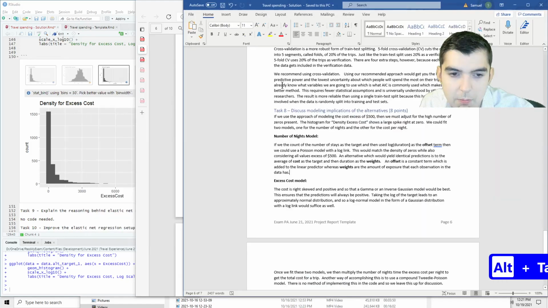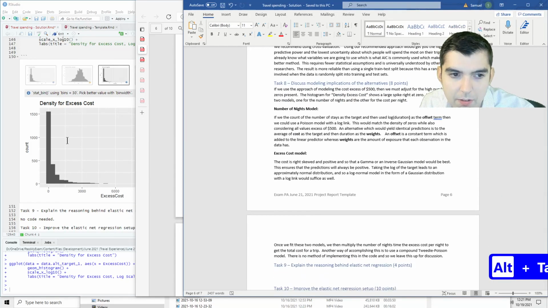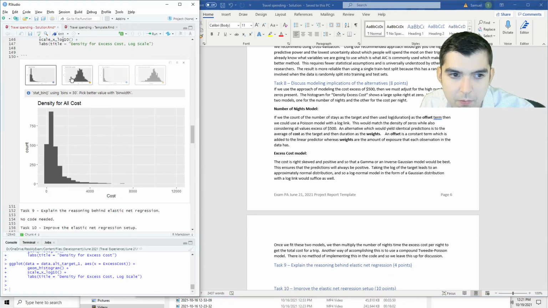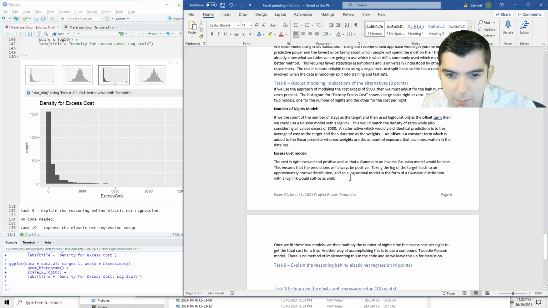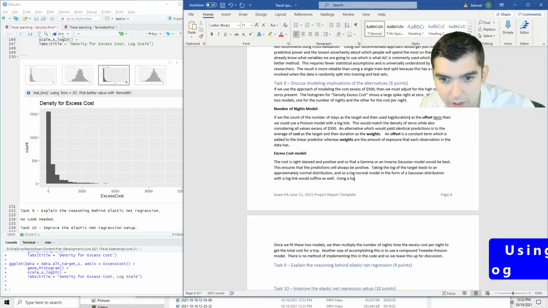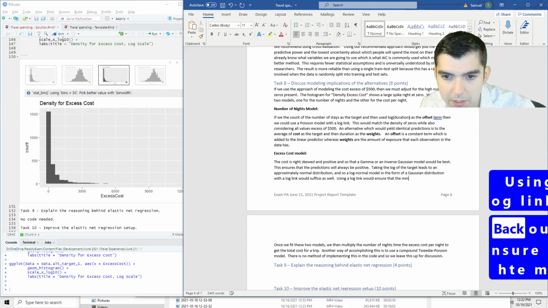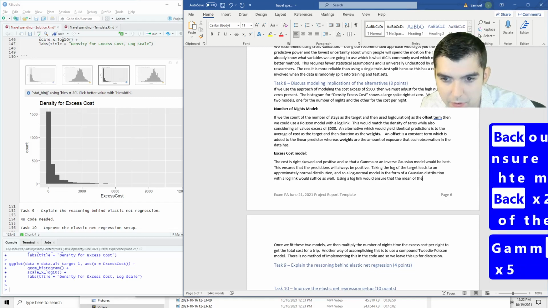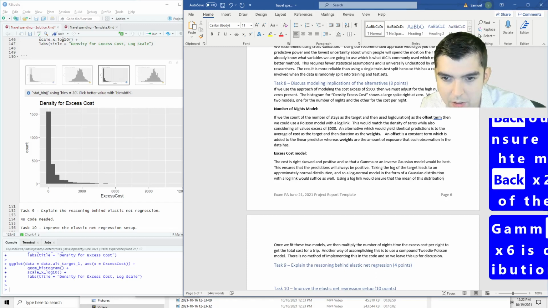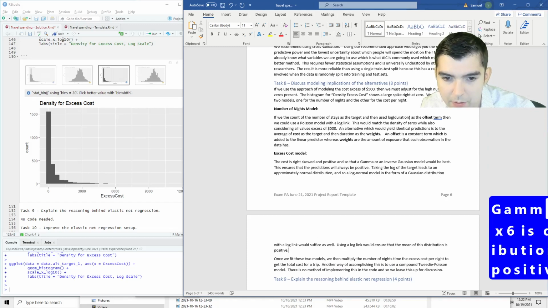So when you talk about this excess of cost model, you know that you have a positive and right skewed distribution. So you want to use a log link function to ensure that the mean is positive. Using a log link would ensure that the mean of the gamma distribution is positive.